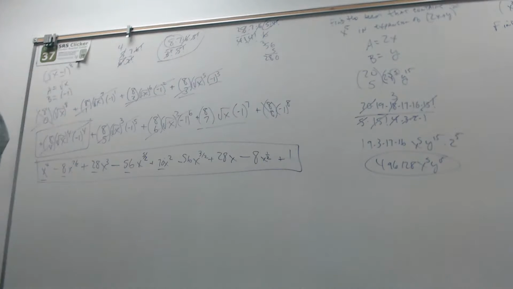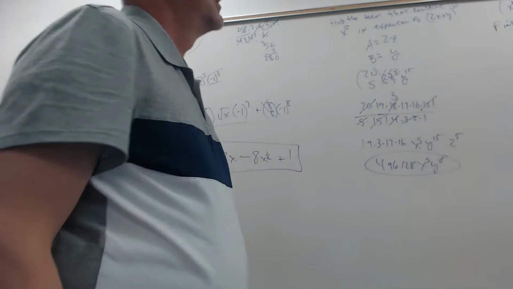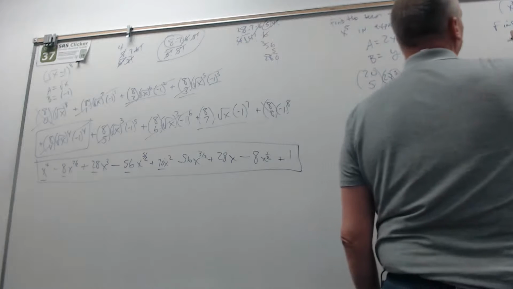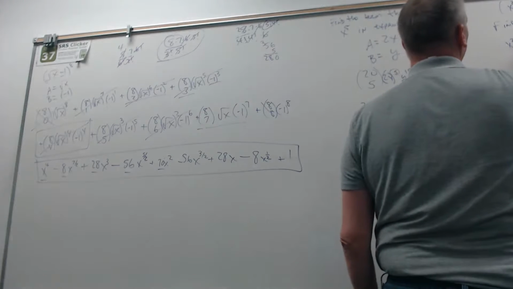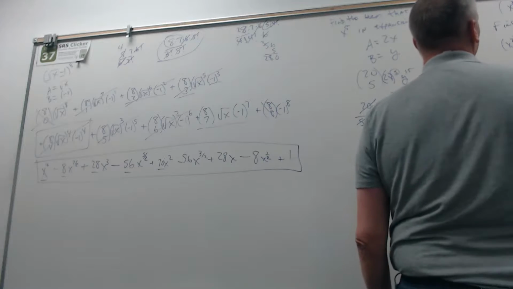Now we have a little bit of a problem, right? Because we're going to take the x squared, multiply it by 1 over x, and whatever we do has to be x to the 8th.